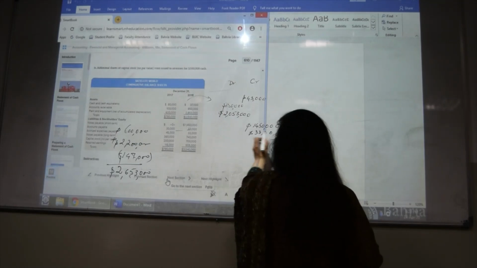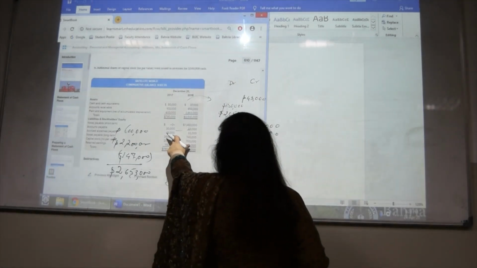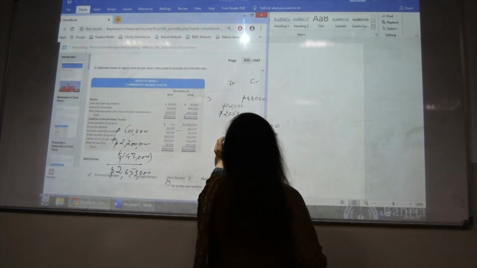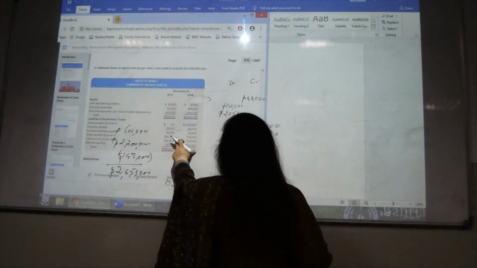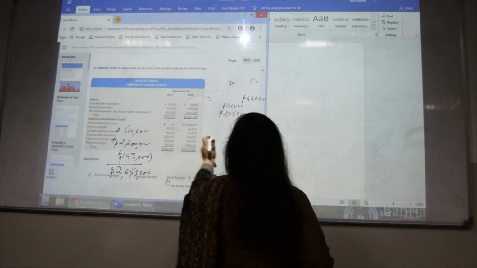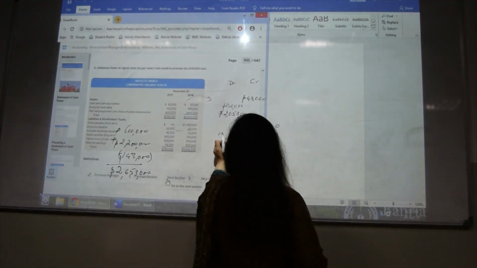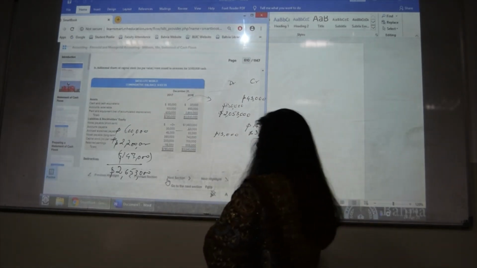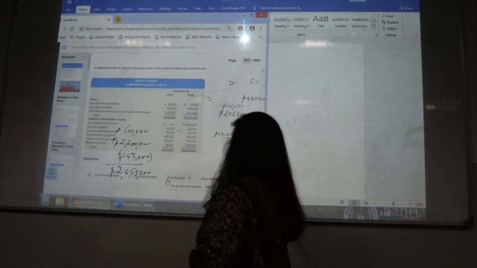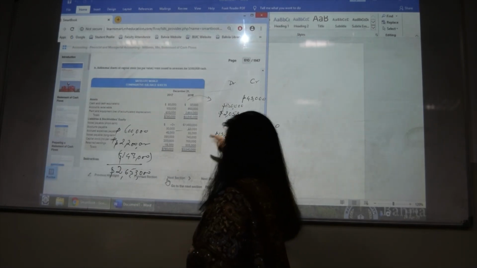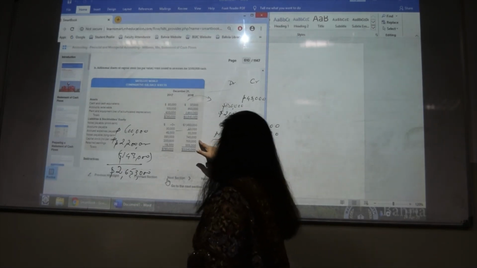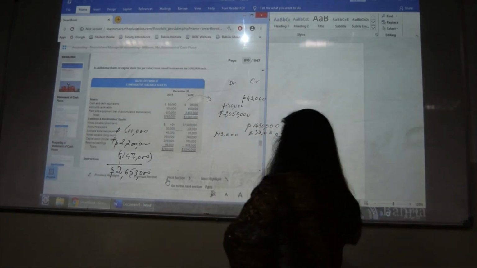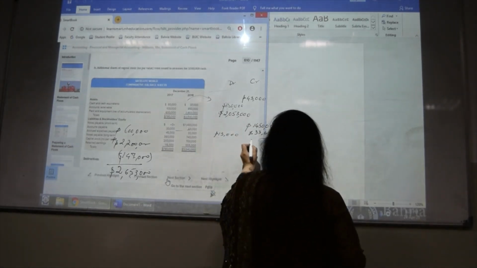Accrued expense payable is going down from 45,000 to 32,000, which is 13,000. I'm going to be debiting this by 13,000 because this is reducing the liability, and it's a cash outflow as well because you're paying out something to adjust your liability. Notes payable is long term, and it's 350,000. We're not going to be including that, although I can simply state the difference here, which is 350,000.